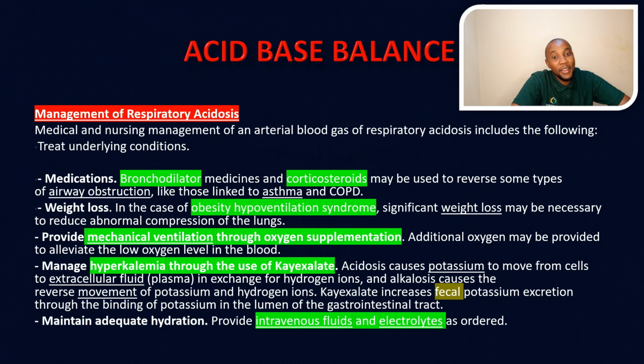Now look at the management of a patient with respiratory acidosis. Generally, the medical and nursing management of an arterial blood gas of respiratory acidosis will include treating the underlying conditions. Remember the conditions which have contributed to the acid-base imbalance of respiratory acidosis and manage such.